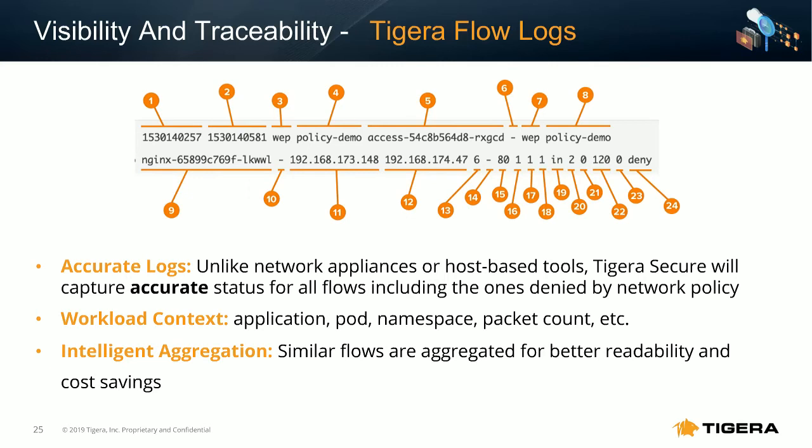Now, when you compare and contrast that to what Tigera provides, as you can see in this slide, there are 24 different attributes, and we keep adding more and more metadata to your log. Here you're seeing source, destination, pod, namespace, connection bytes, connection count, traffic allowed, denied, traffic direction.